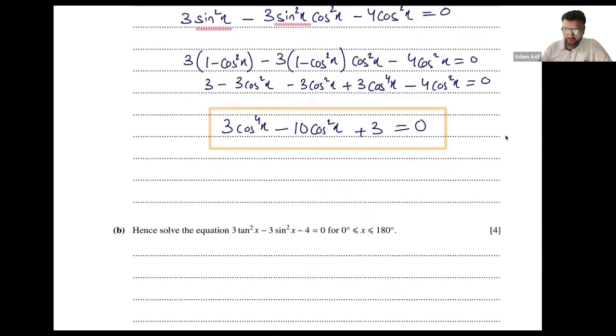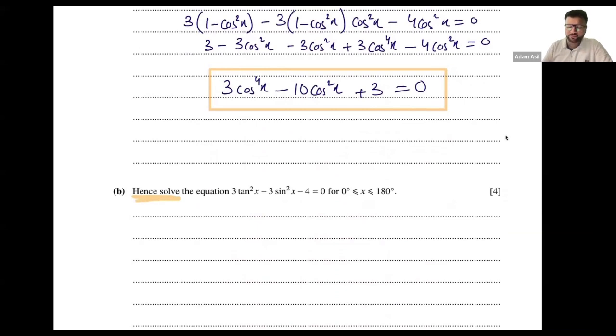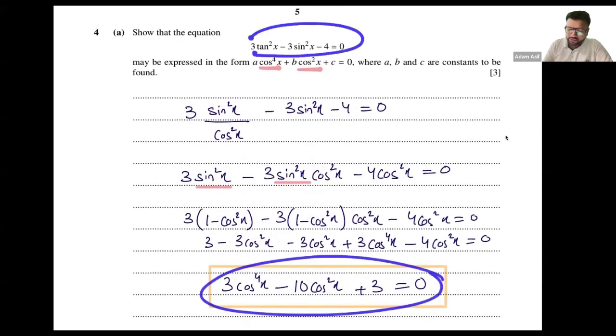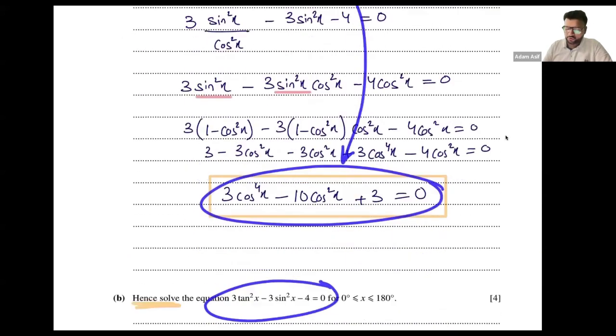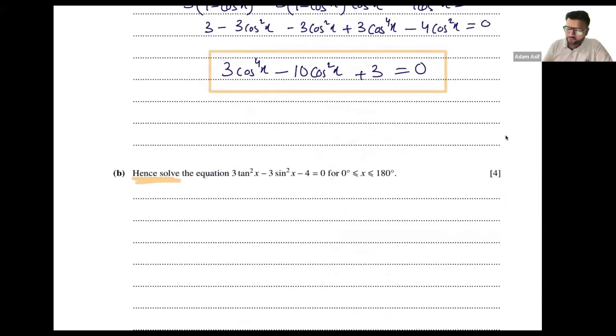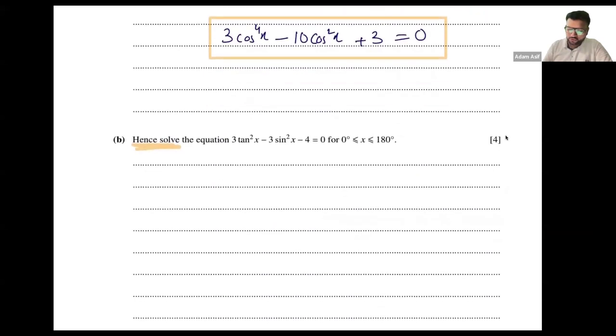Now, in the second part, they want us to solve this equation. Solving this equation is the same as solving this equation because we reduced it down to this form. So the solutions of this equation are the same as the solutions for this equation. But the domain now is given from 0 to 180. So first we are going to figure out the values of the cosine square function.